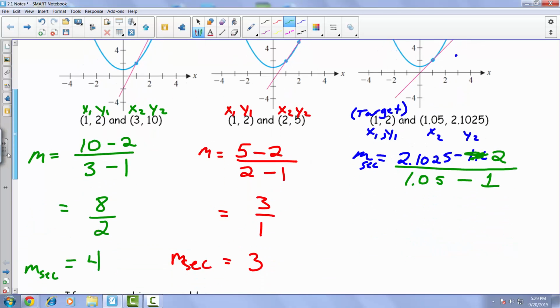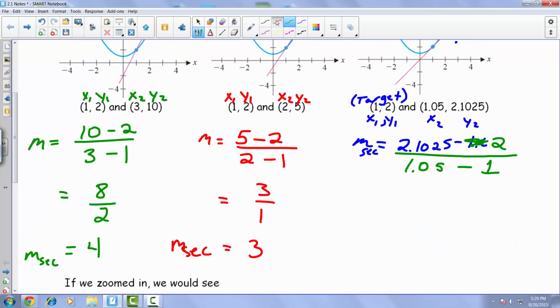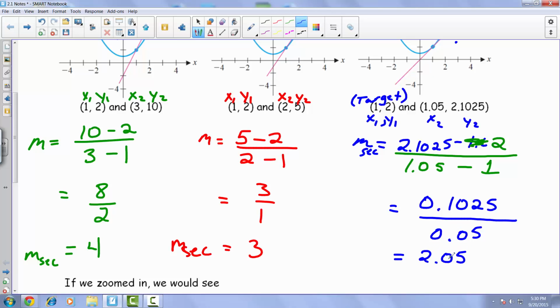Simplifying this, we end up with 0.1025 on top over 0.05. When we throw that in the calculator, we end up with 2.05. So the slope of this secant line comes out to be 2.05.